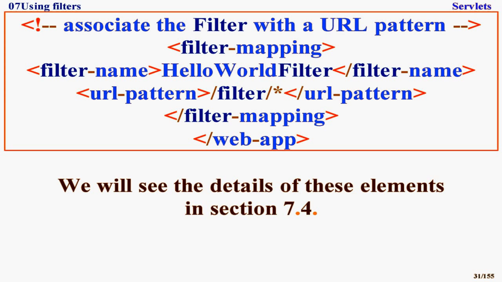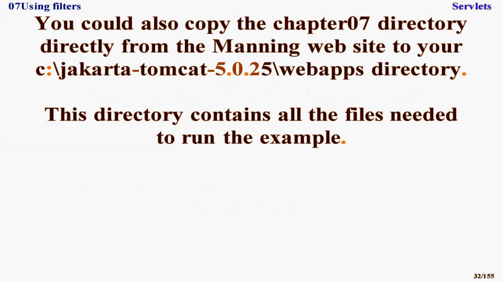We will see the details of these elements in section 7.4. You could also copy the chapter07 directory directly from the Manning website to your C:\Jakarta Tomcat 5.0.25\webapps directory. This directory contains all the files needed to run the example.